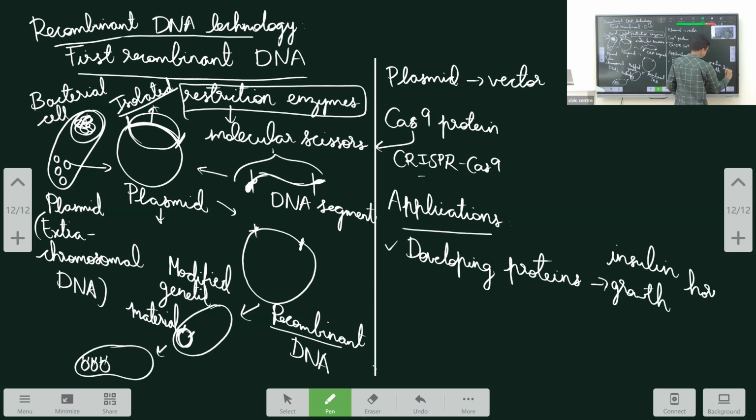So basically both of them are hormones that has to be ensured.